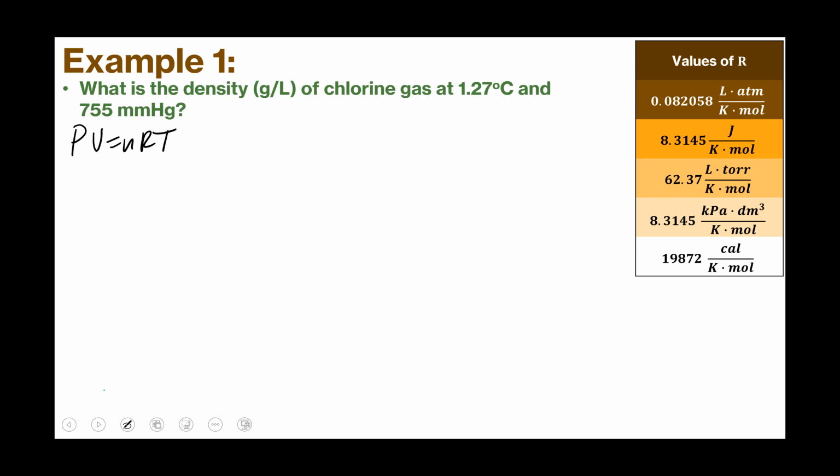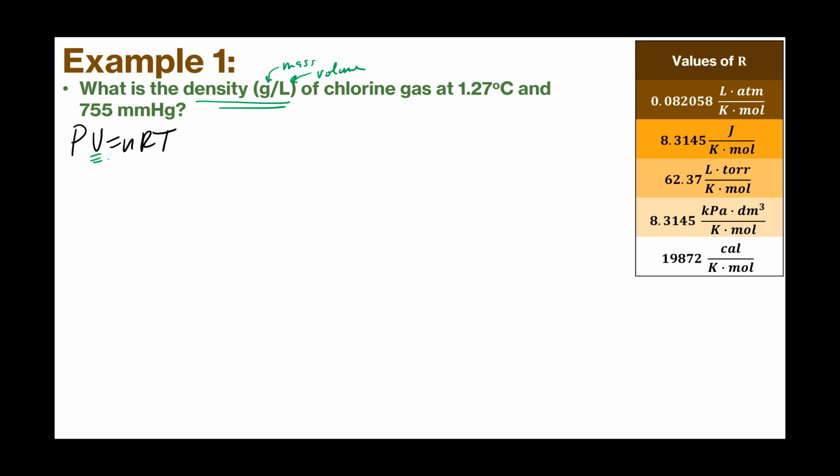So remember, we're talking about density. Density is grams per liter for gases, so this is a mass divided by the volume. Volume does show up in the ideal gas law, so that's something. We need to have some way to get into mass.